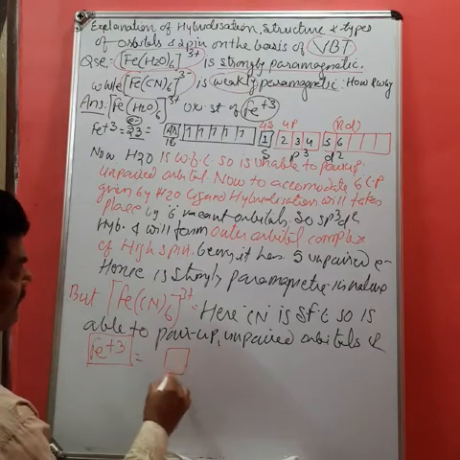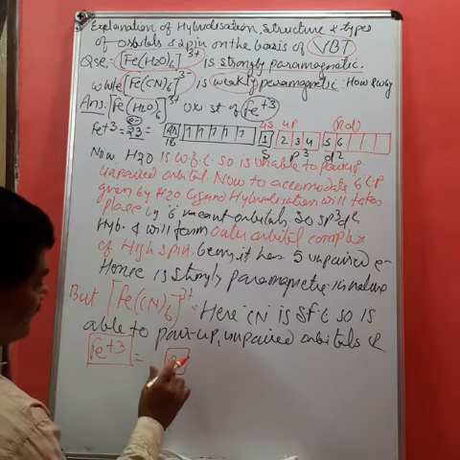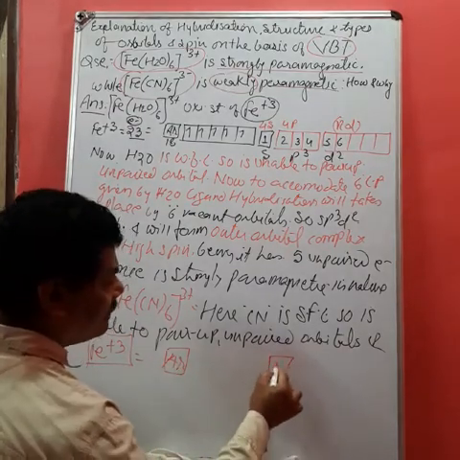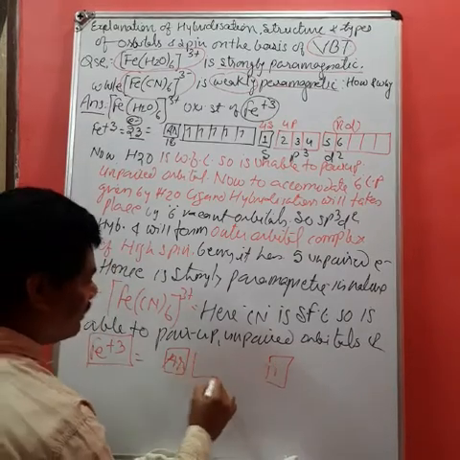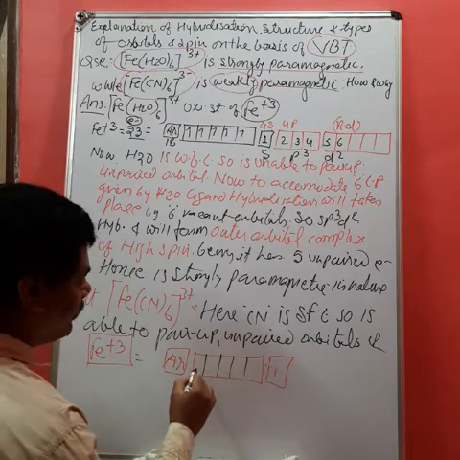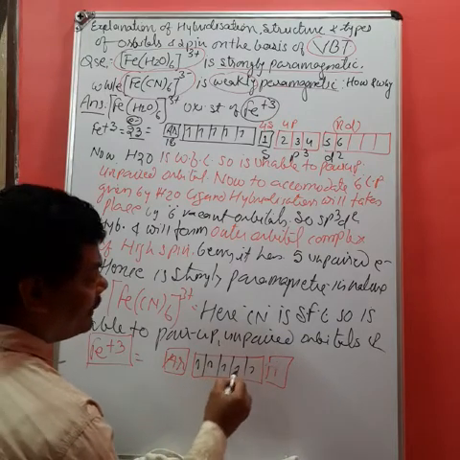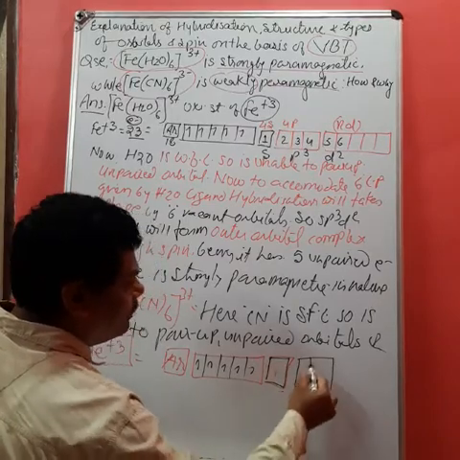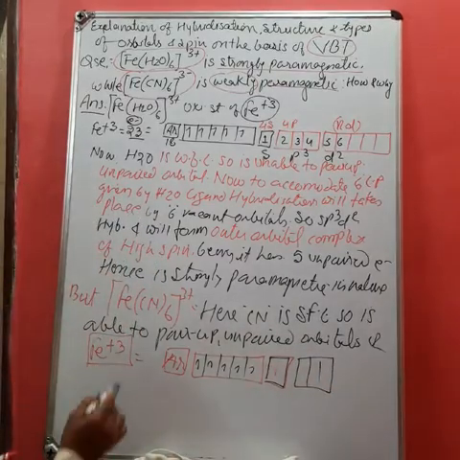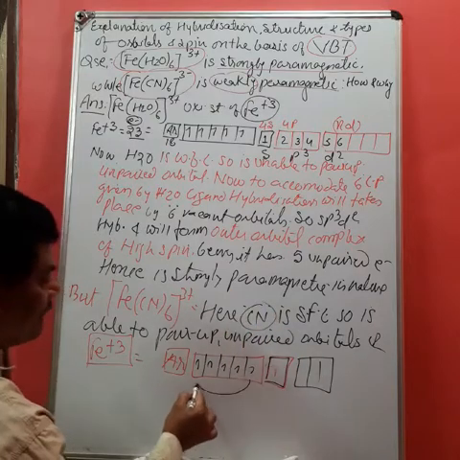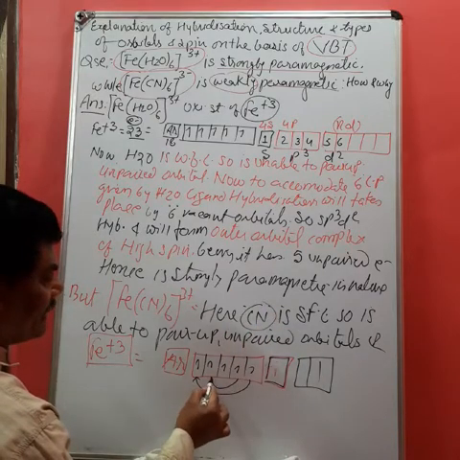Now its configuration is what? This is argon 18. Now there are 5 orbitals in d: 1, 2, 3, 4 and 5. This belongs to s, which will be vacant. This belongs to p, also vacant. But being CN a strong field ligand, it will pair up this orbital. Again it will pair this orbital.